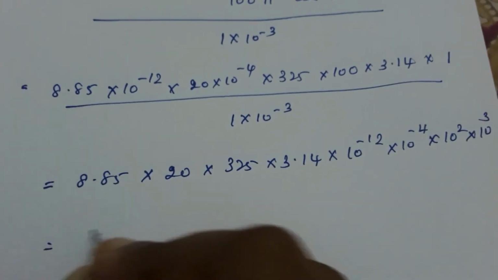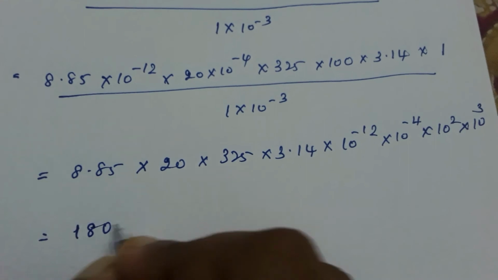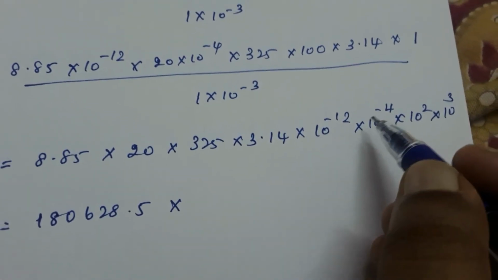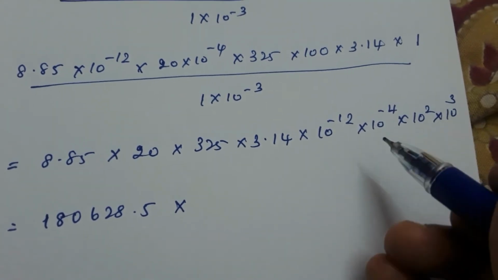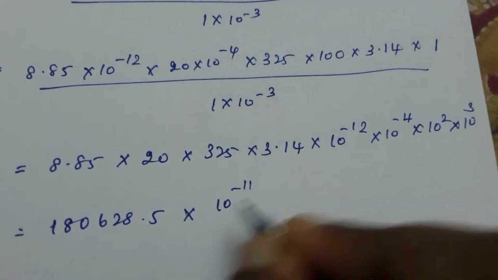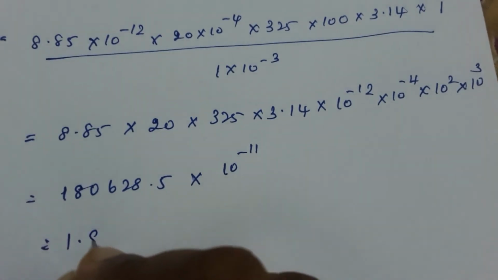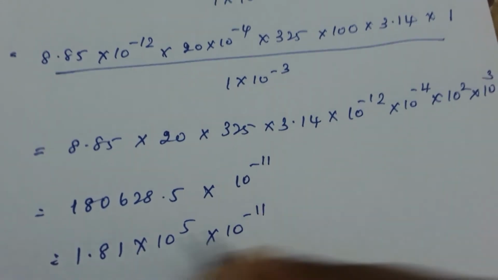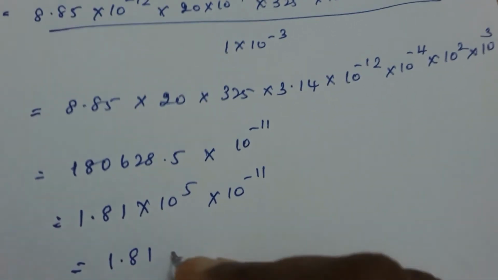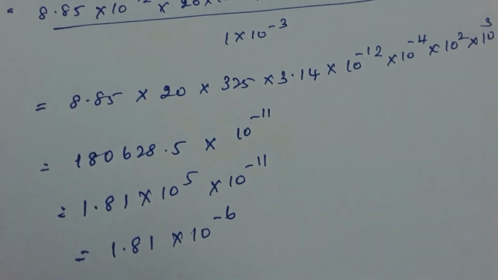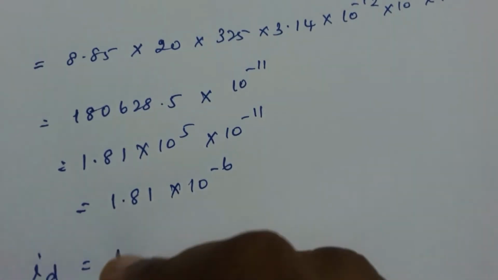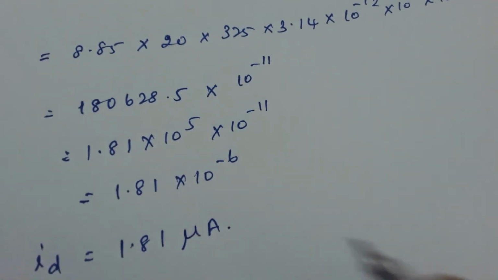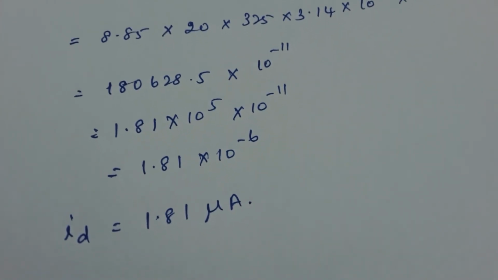If you multiply this value, you will get 180,628.5, and the powers add up as minus 16 plus 5, so it is 10 raised to minus 11. So this is 1.81 into 10 raised to 5 into 10 raised to minus 11, which can be written as 1.81 into 10 raised to minus 6. So we have found the displacement current ID is equal to 1.81 into 10 raised to minus 6, which is micro, so it is 1.81 microampere.